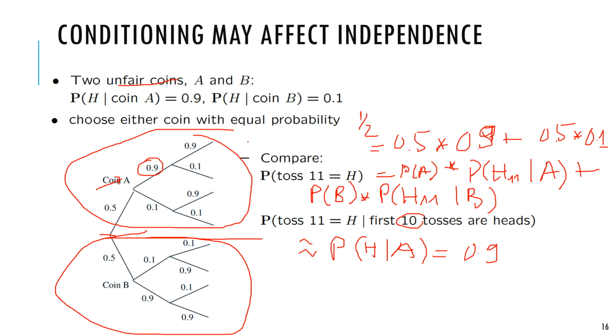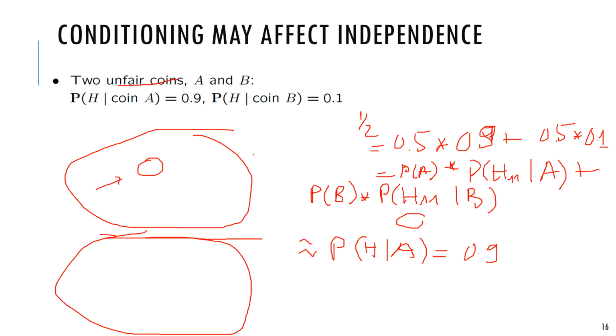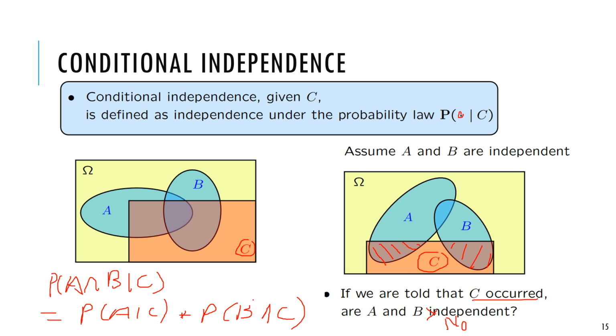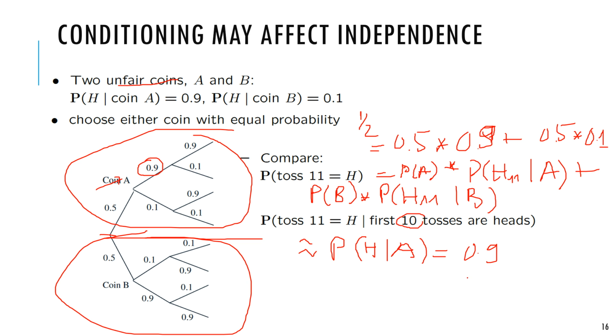Here I will come back to one conditional probability property. The probability of A and B given C, if A and B are independent given C, is equal to the probability of A given C multiplied by the probability of B given C. This is conditional independence, A and B independent given C. Here the condition affects the independence.